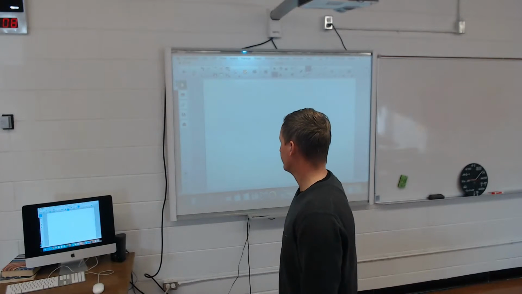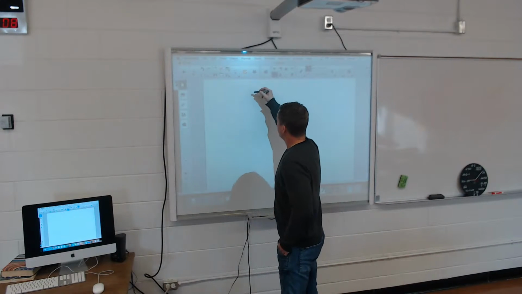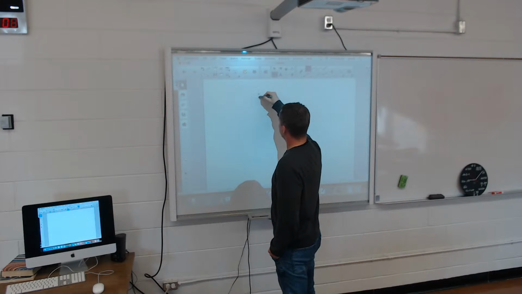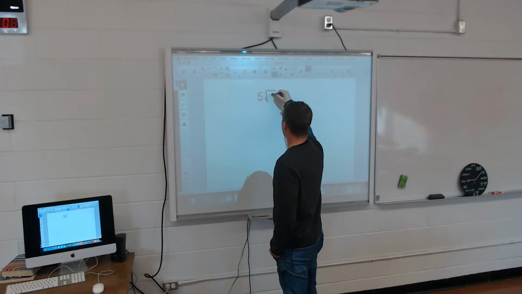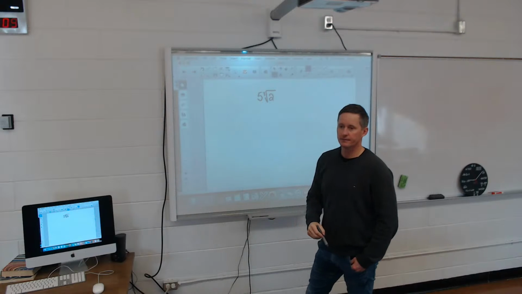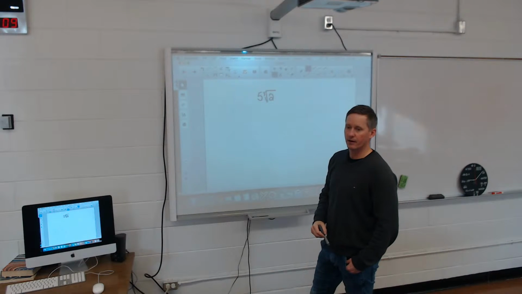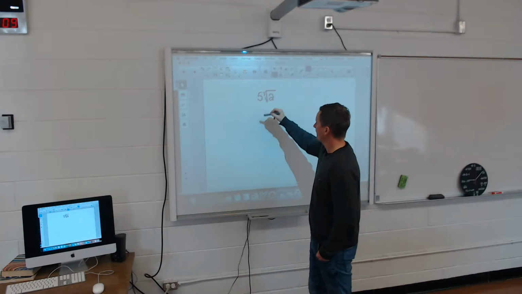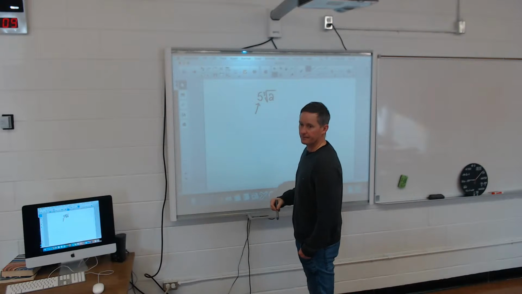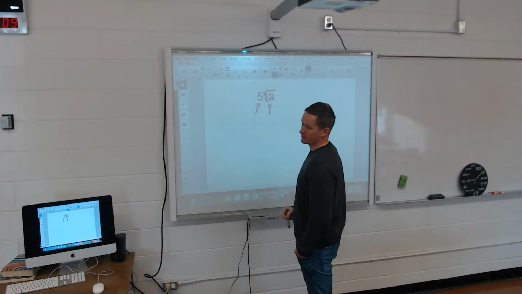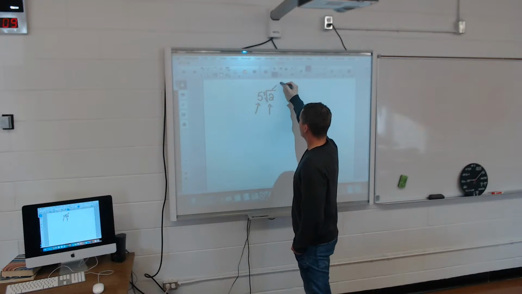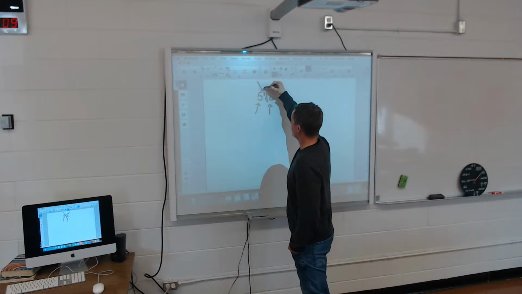Okay, so what we're working with is radicals. All right, we did this in grade 10. This is a coefficient. This is called a radicand. That's the radical sign, and that's the index.